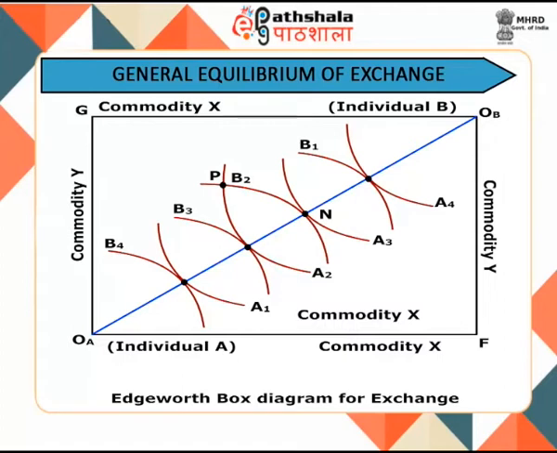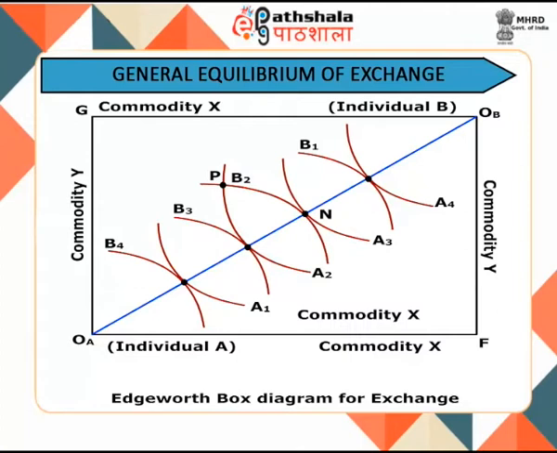Let's take a look at the Edgeworth box where the x-axis measures quantity of good X and the y-axis measures quantity of good Y. The quantity of X available with individual A is measured from left to right along the x-axis with the bottom left-hand corner OA as the point of origin, and the quantity of commodity Y available with individual A is measured along the y-axis from bottom to top with the point of origin OA.